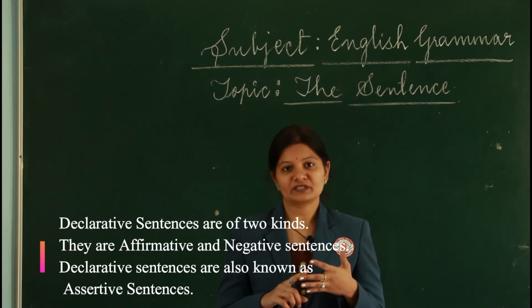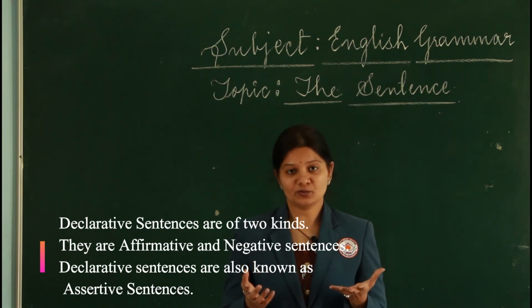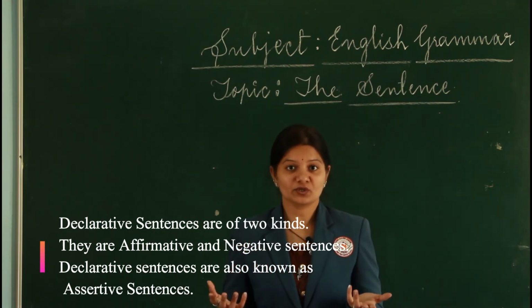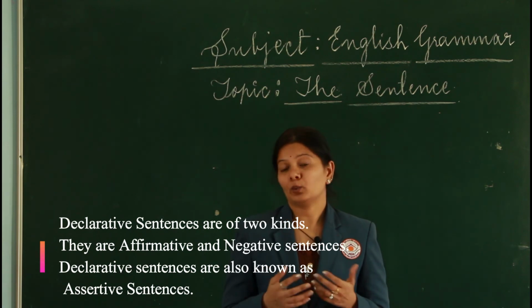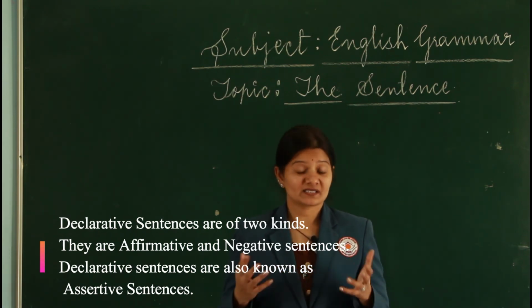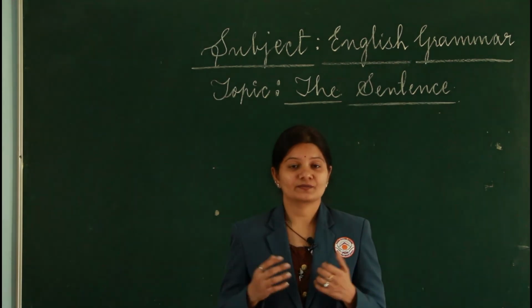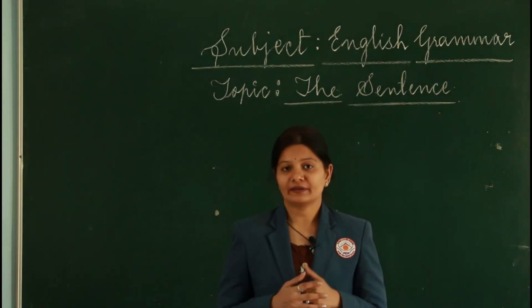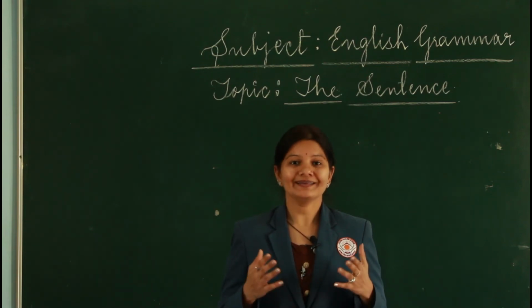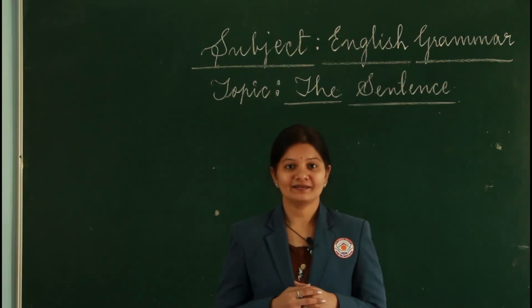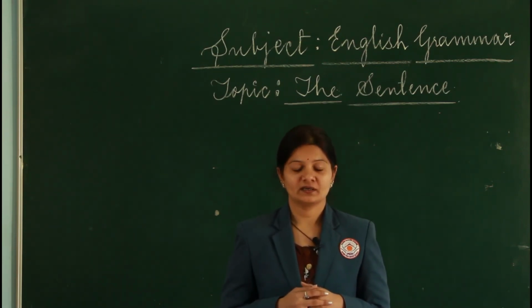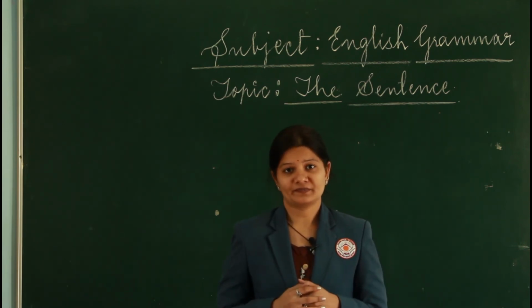So what is affirmative? It's a statement which says something which I can. And what is negative? It's a statement which says something that I can't. So let's look at an example. I can swim is an affirmative sentence. I cannot swim is a negative sentence.